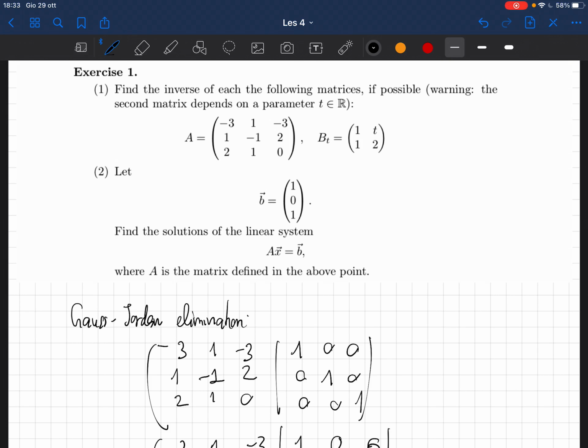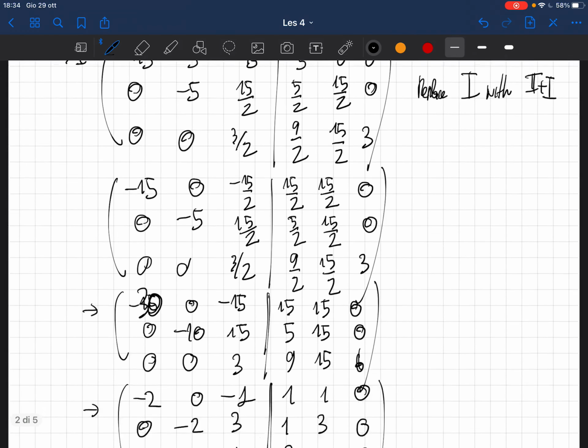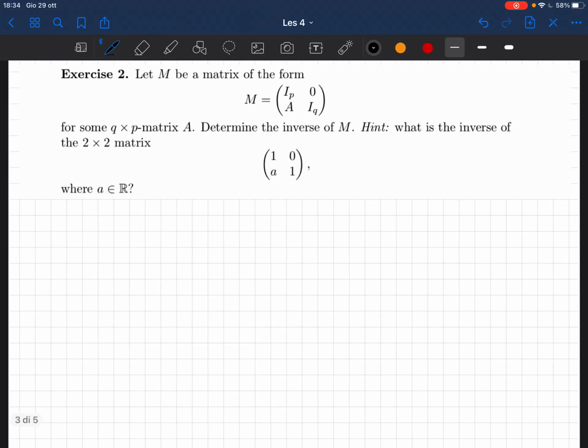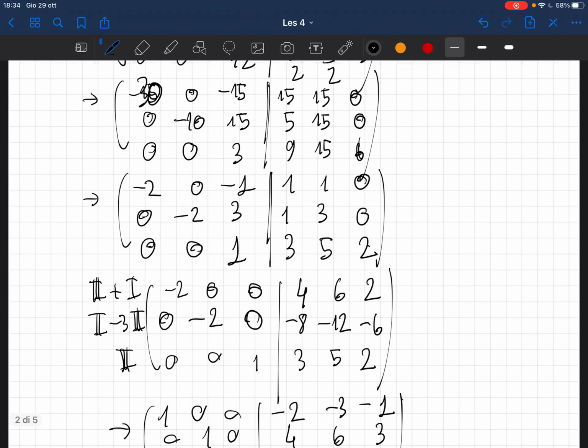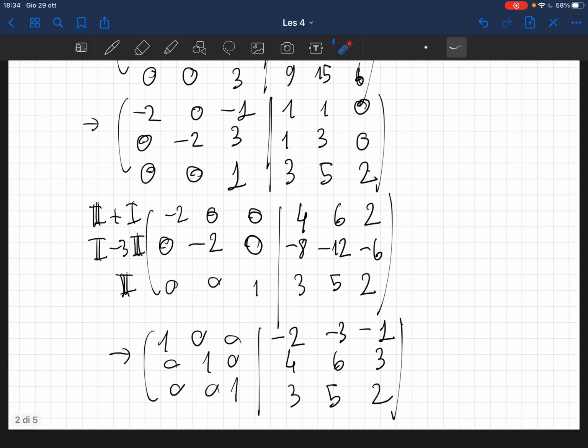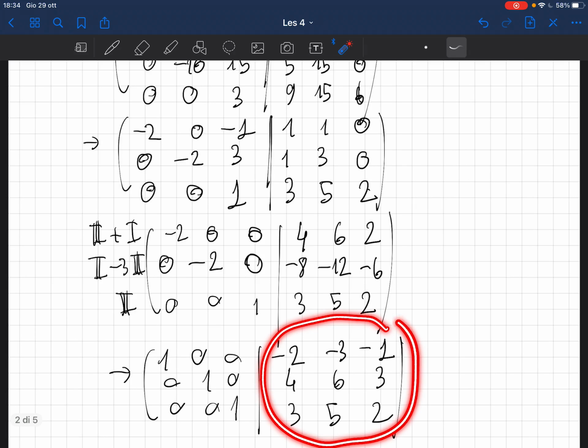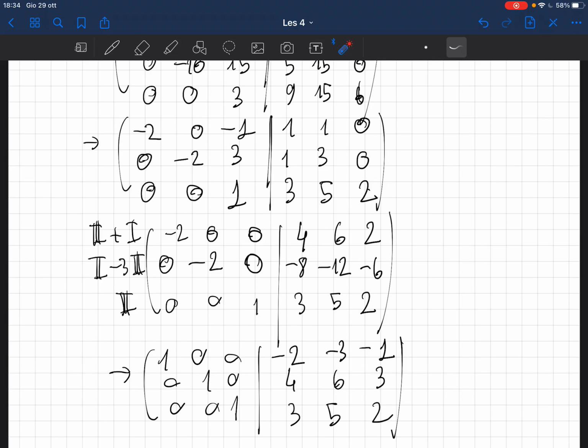And okay, I'm just checking myself if it's correct. Okay, looks fine. So this is the actual inverse matrix.